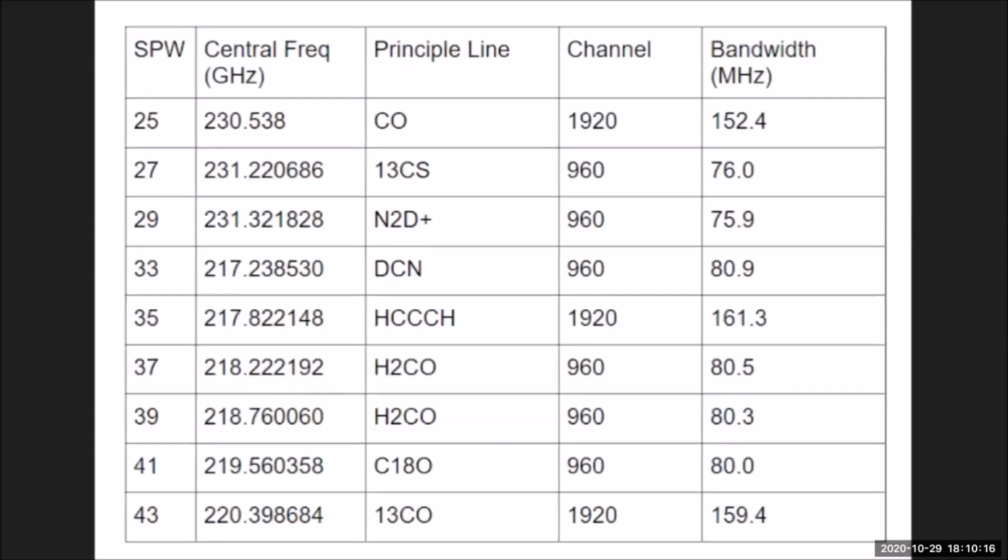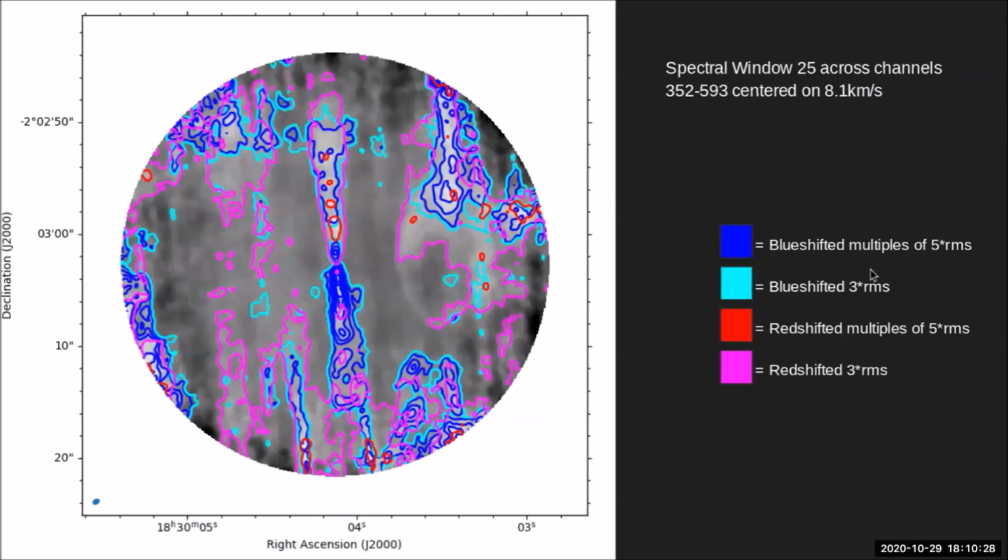Here is the overview of all of the spectral lines we looked at. I will be focusing today mostly on 25 and 33. So here is what is known as a moment map. This is a moment zero map to be specific, and it is showing the integrated intensity of light across a certain channel range.